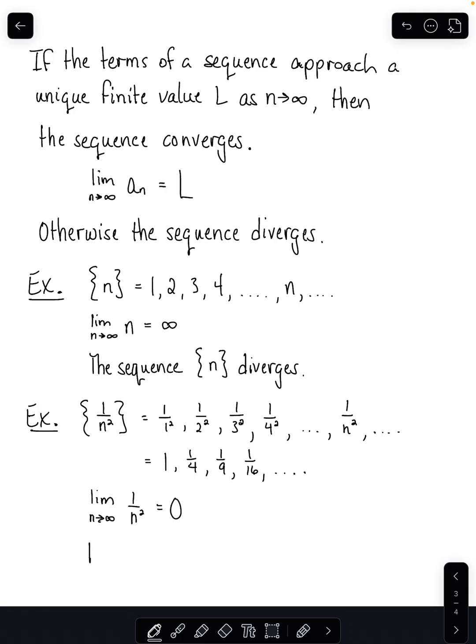In this case, the sequence 1 over n squared converges.